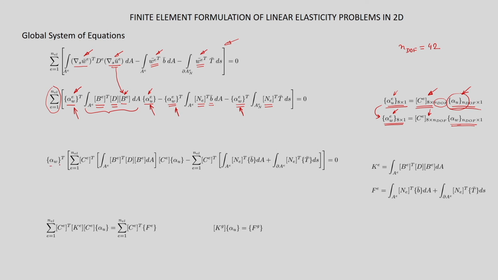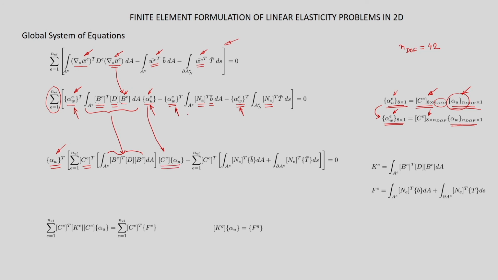So, we have taken out alpha w. So, alpha w E transpose is equal to alpha w transpose C E transpose. So, alpha w has been taken outside the summation. So, we got C E transpose, this part remains as it is. Then alpha u is replaced with C E into alpha u.